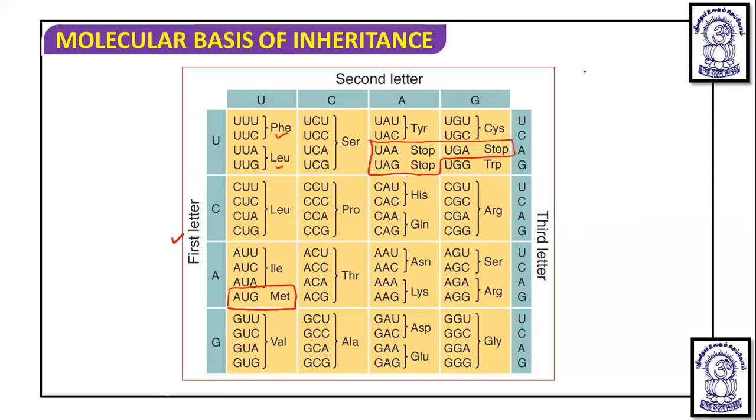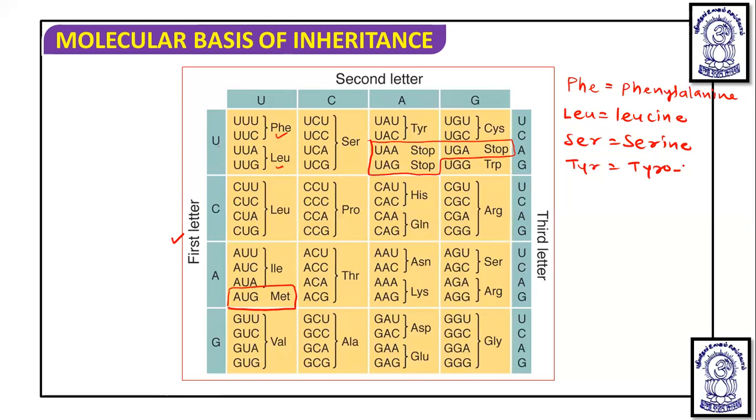Now, let us remember what these short forms indicate. PHE stands for phenylalanine. LEU codes for leucine. SER for serine. Then TYR for tyrosine. Then CYS for cysteine.